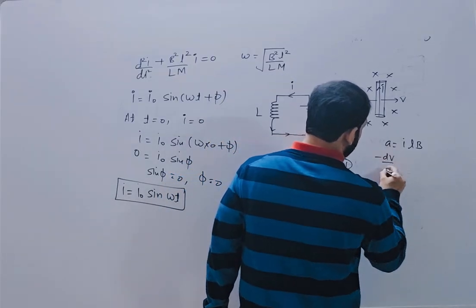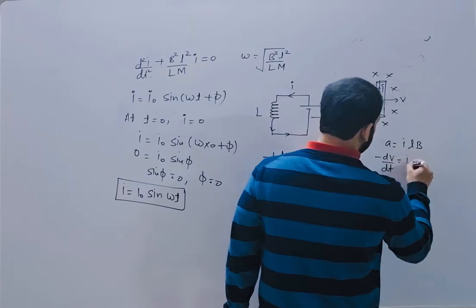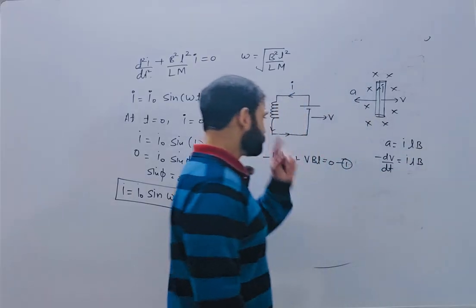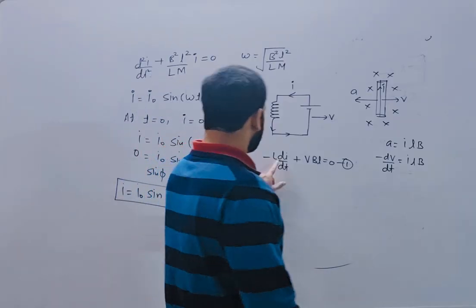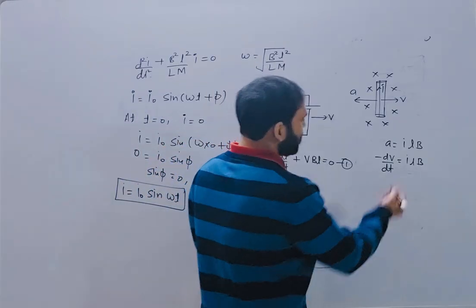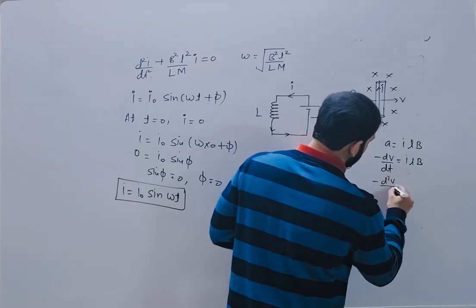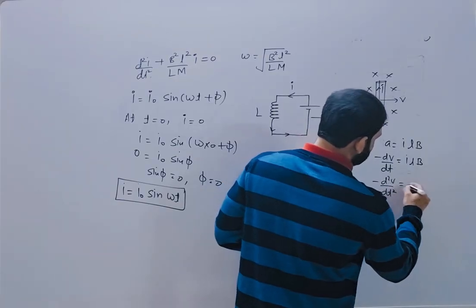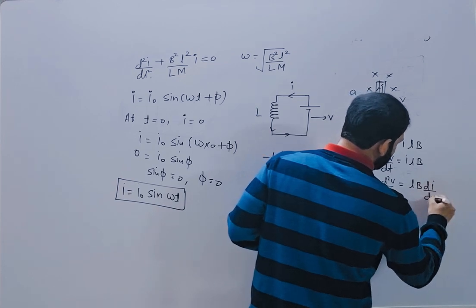So minus dv by dt is equal to ILB. Now again we will differentiate the equation. Minus d2v by dt square is equal to LB di by dt.